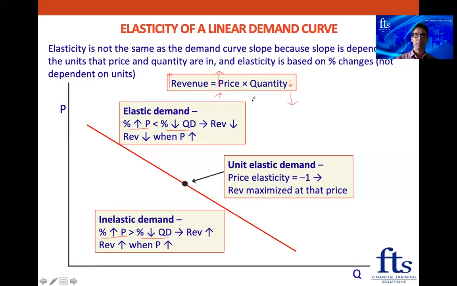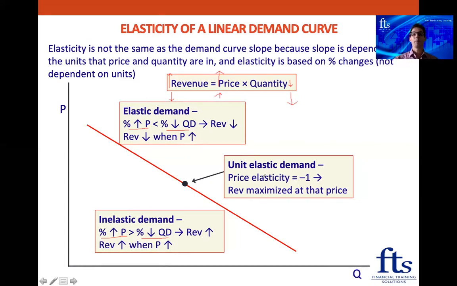So overall, what happens? We have our revenue going down because our quantity is falling so much. So overall revenue goes down with the elastic demand situation. So revenue goes down when price is up. So when we have elastic demand, we mustn't increase price because our revenue goes down. We should actually decrease price to sell more, to make more. We decrease price to make more.